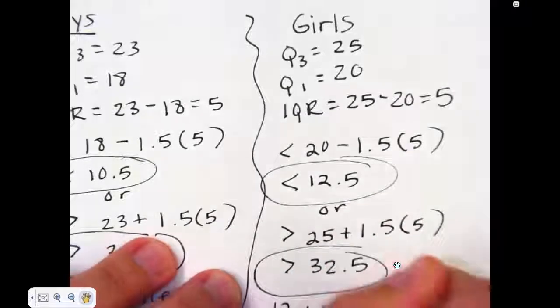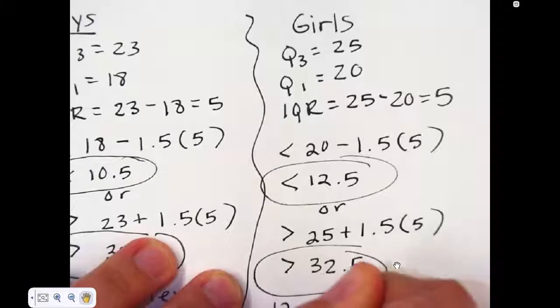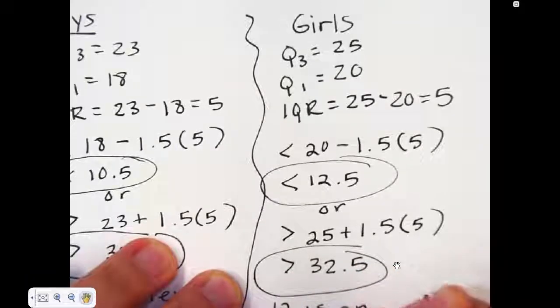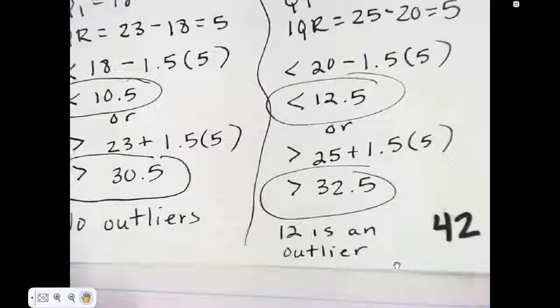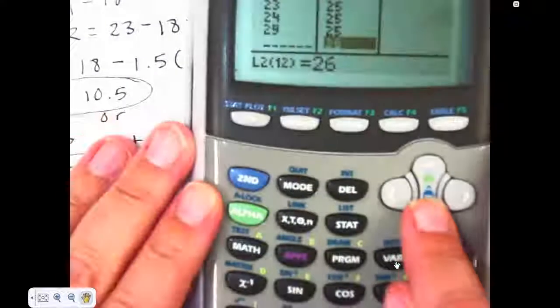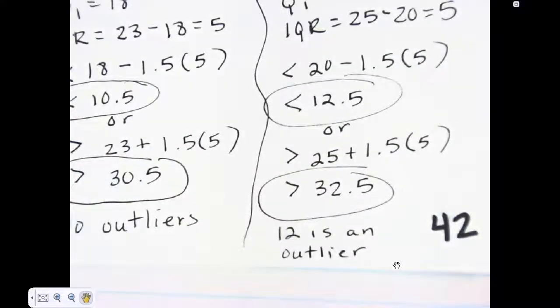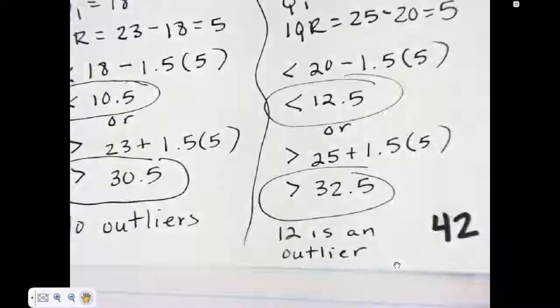So 12 is an outlier. Okay, so I just wrote down 12 as an outlier. Now I'm just going to double check in my calculator and scroll to make sure there's nothing on the high end, and my highest number is 28. So for this one, because 12 is less than 12.5, 12 is an outlier. So for the girls, there is one outlier.